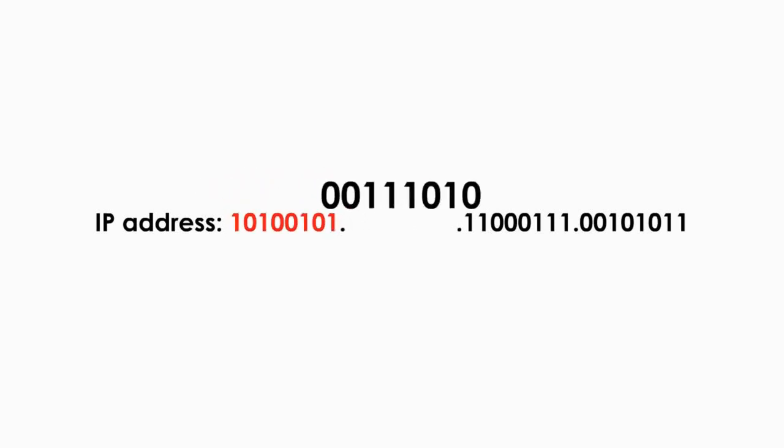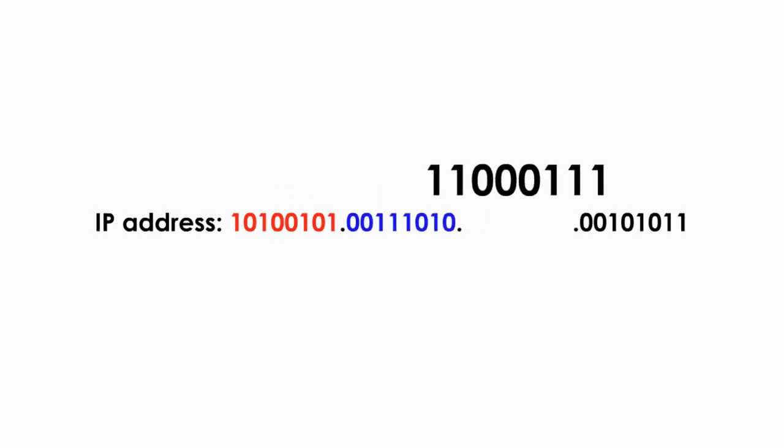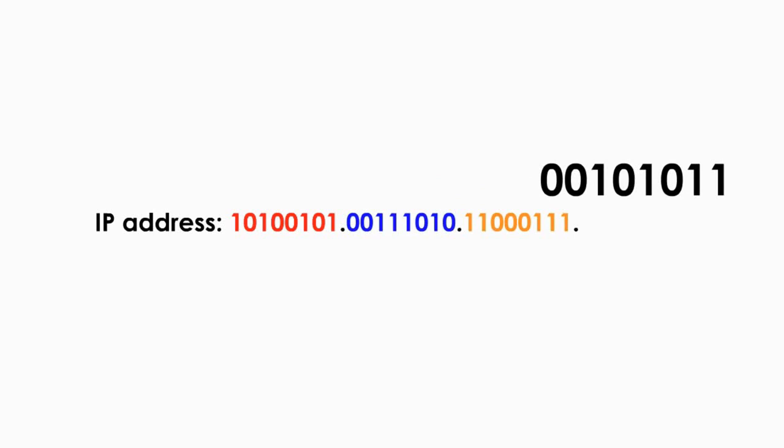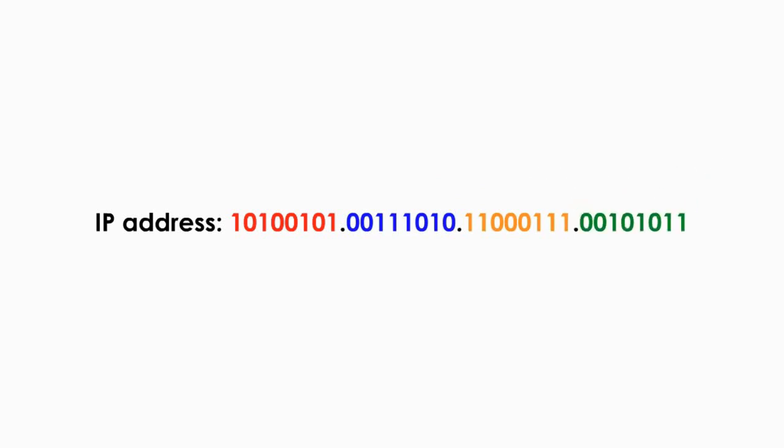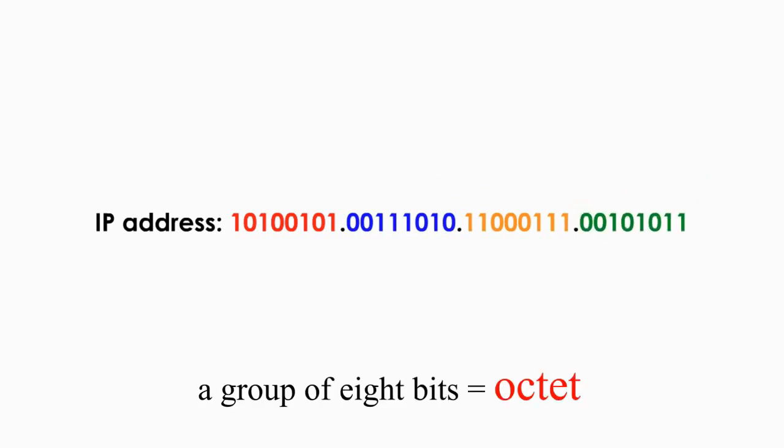It is a 32-bit long string of zeros and ones. There are 4 sets or 4 groups of zeros and ones separated by dots. Each set is 8 bits long, and that's why we call it an octet.